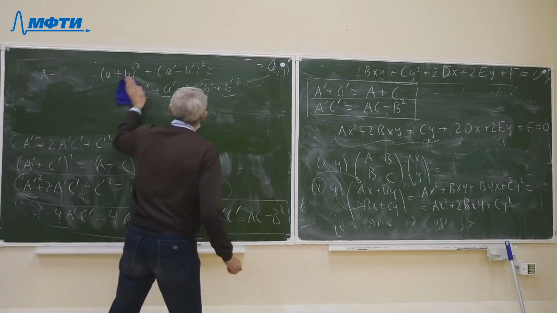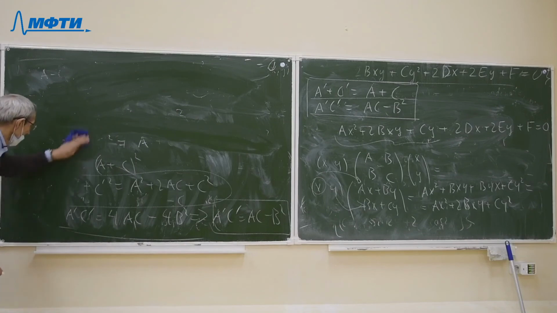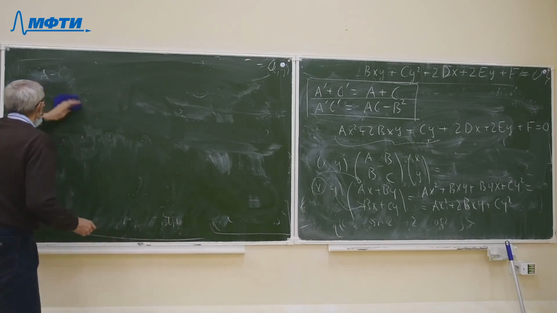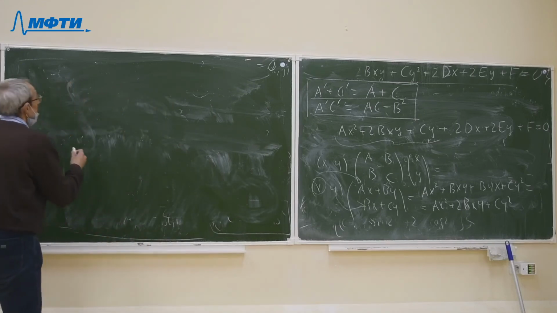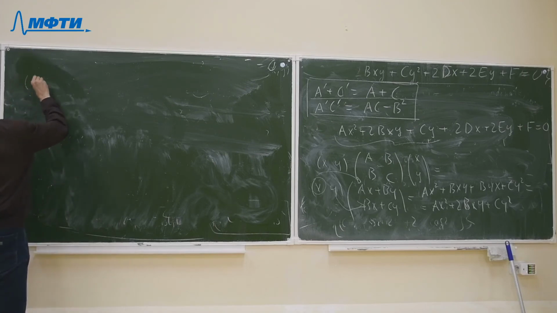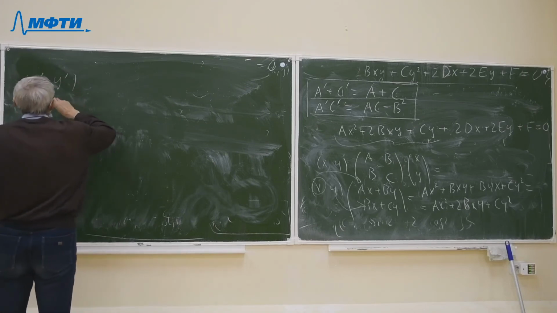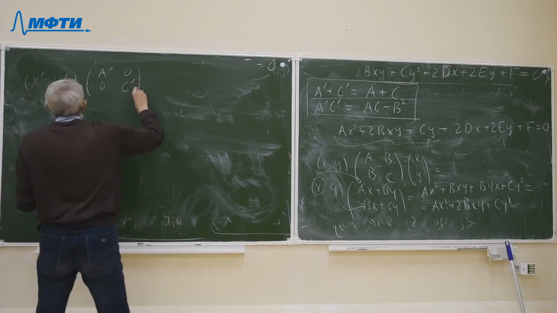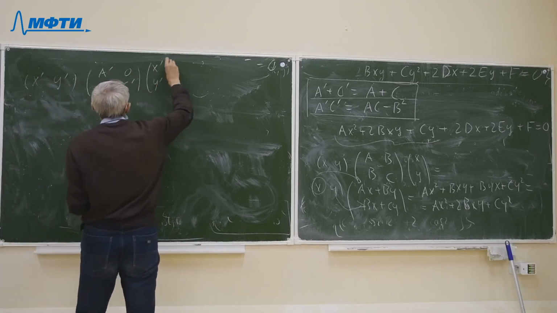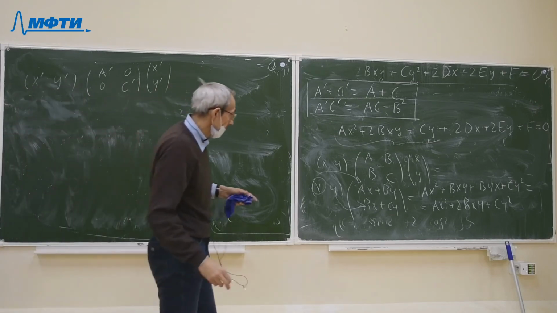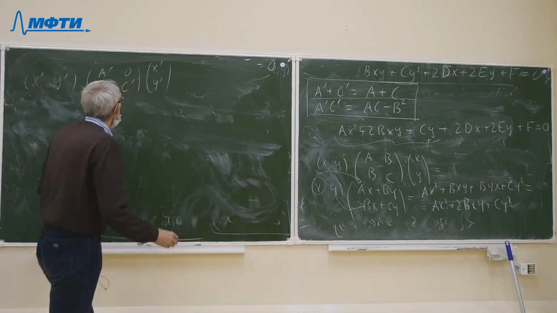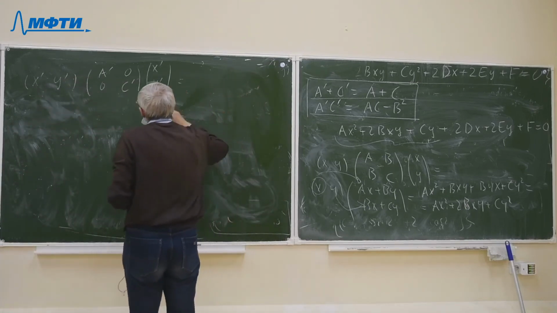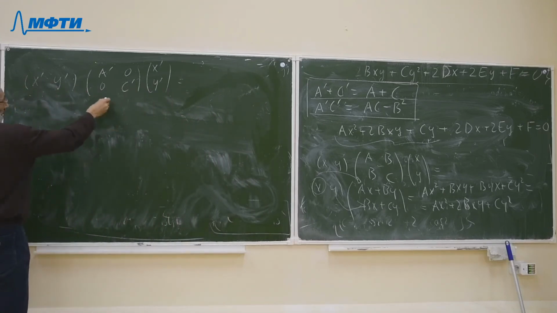And our aim, we write this expression in the following form: (x prime, y prime), matrix (a prime, 0, 0, c prime), (x prime, y prime). You write this expression in this form.